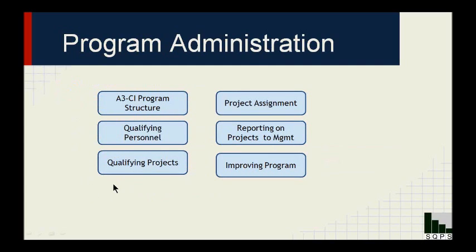With regard to the program administration, there are different elements of that. The first thing is the program structure itself, and then qualifying the personnel, qualifying the projects themselves, project assignment, reporting on projects to management, and improving the program.